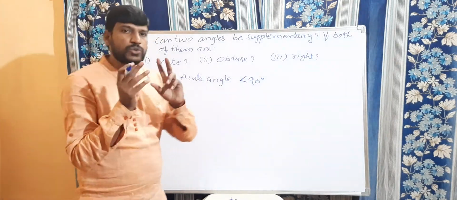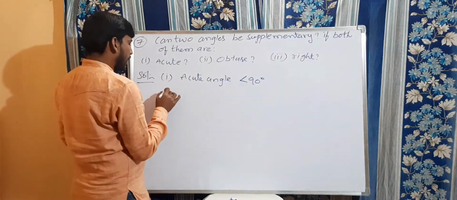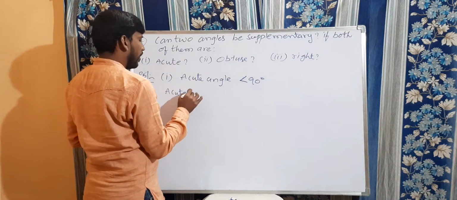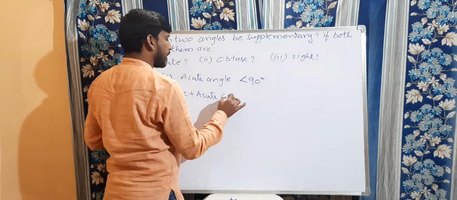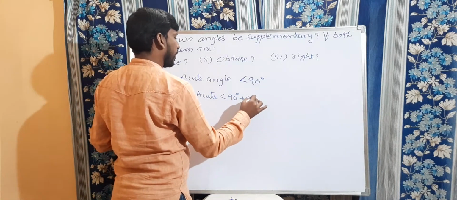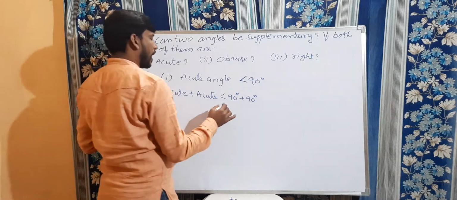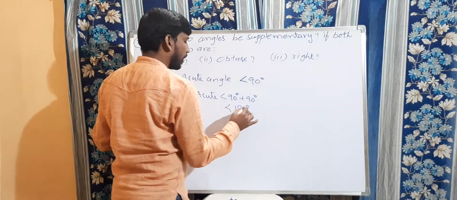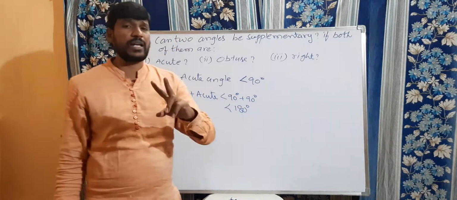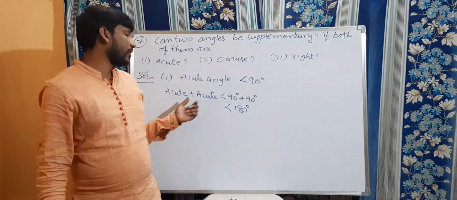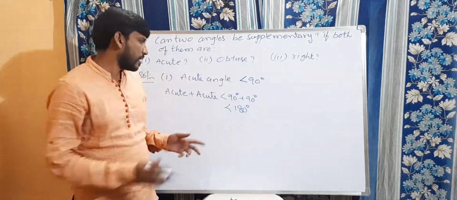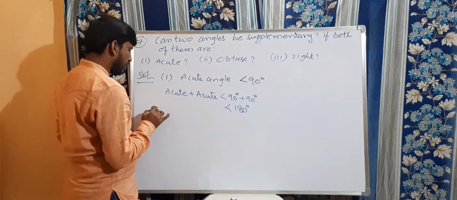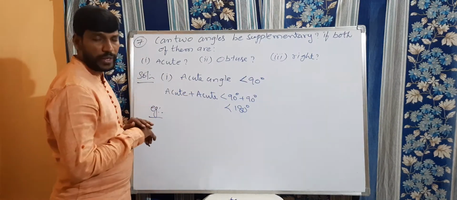Now let us take two acute angles: acute plus acute, which is less than 90 plus 90 only. So acute angle plus acute angle is less than 180 degrees only. The sum of two acute angles is never supplementary. Clear? We can take any. Let us take a simple example to understand in a better way.